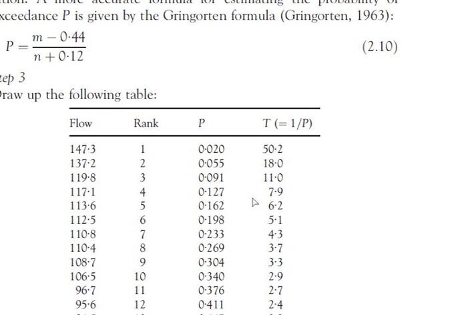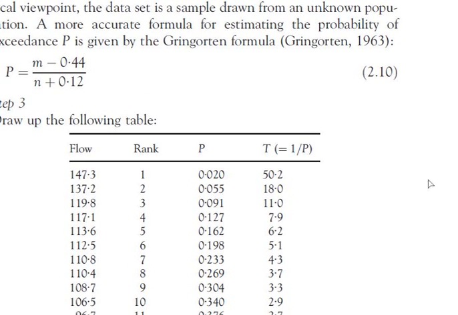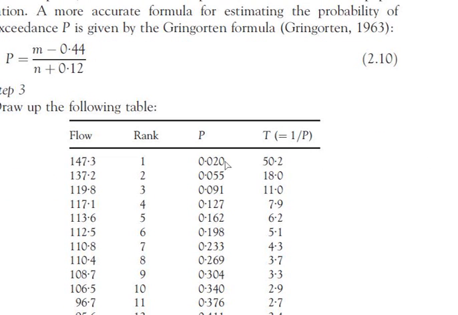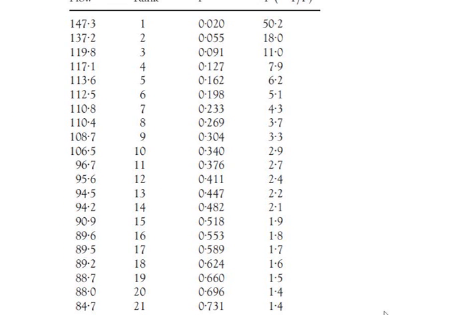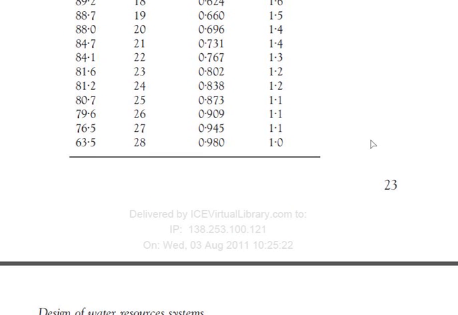And then we've got one more column here, which is the return time. We saw in the class notes that the return time, or return period, is the inverse of the probability of exceedance. We just take this value of P for any given flow rate, and we take 1 over P to give us the value of the return time, T.